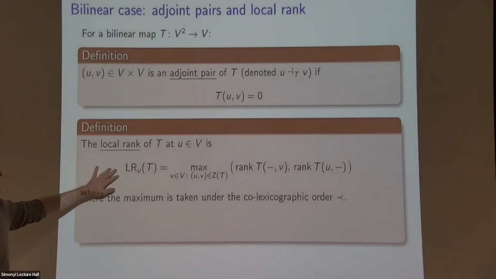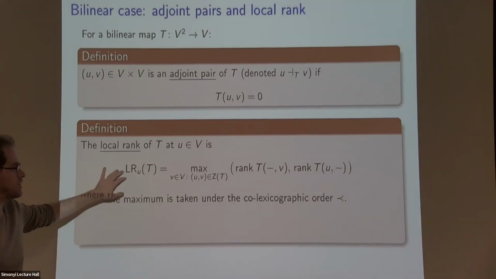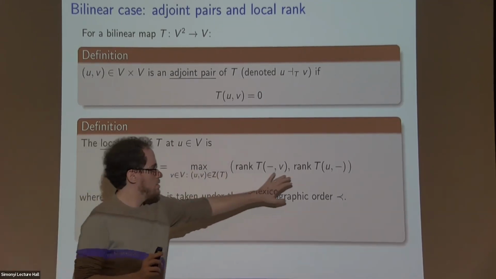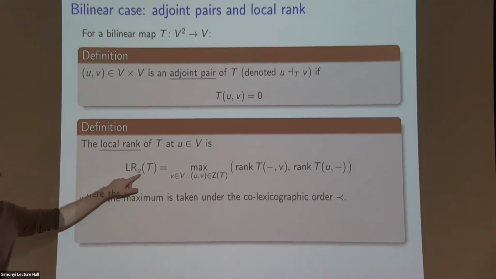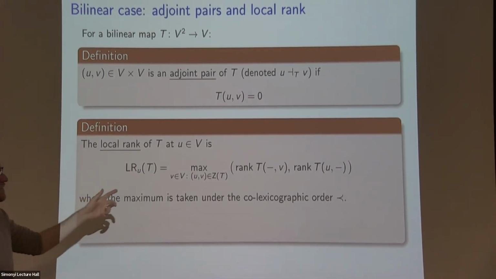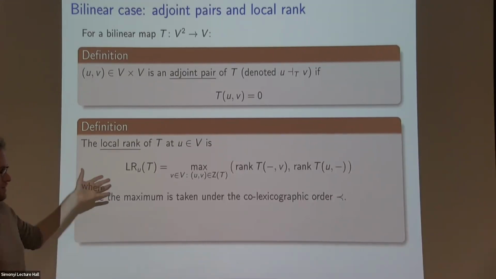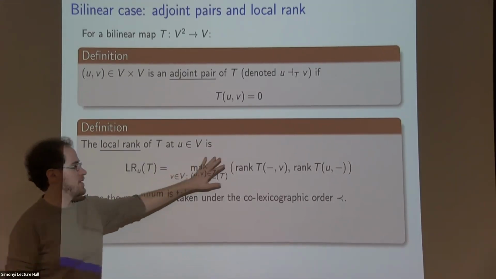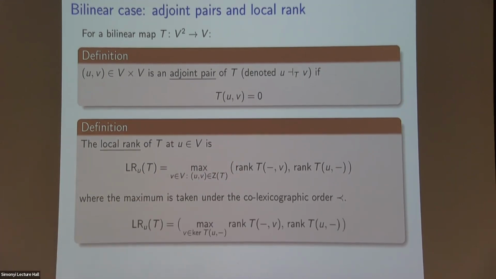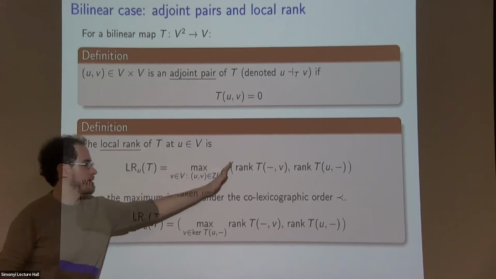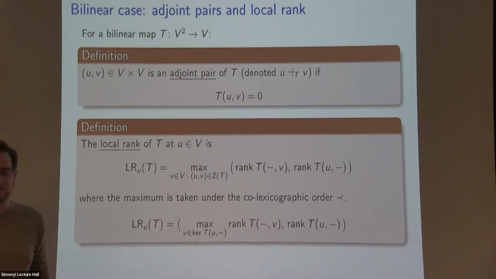Then if you look at the definition of the local rank, as always, the last component is fixed once you fix the point that you're working with. And so you only have one coordinate instead of two, so again it's a one-dimensional maximization. I can forget about the second coordinate and just push the maximization onto the rank.